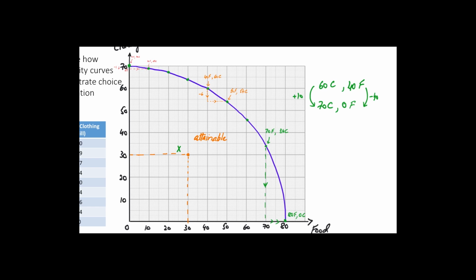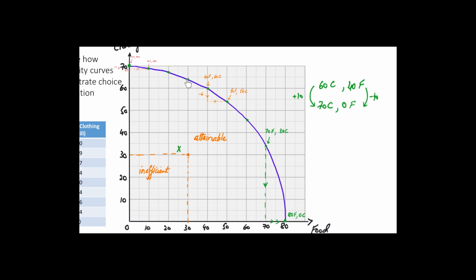However, the problem is I am not using my resources effectively. It's an inefficient use of resources. How do I know that? Check it out. If I'm producing 30 food, on the basis of my PPC, I should be able to produce 64 clothing also.